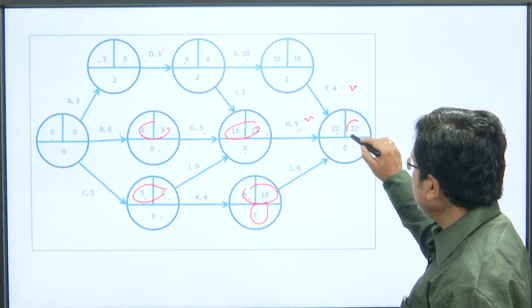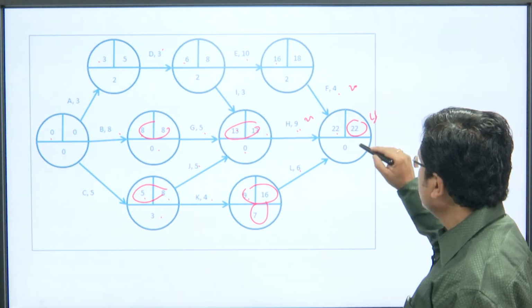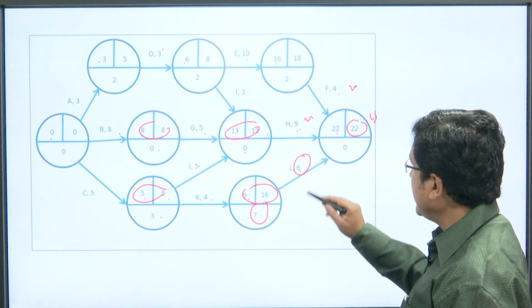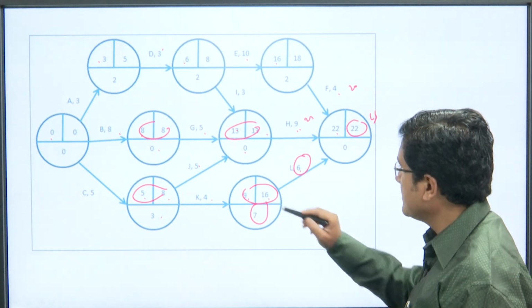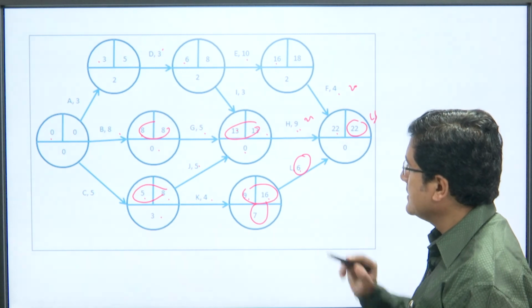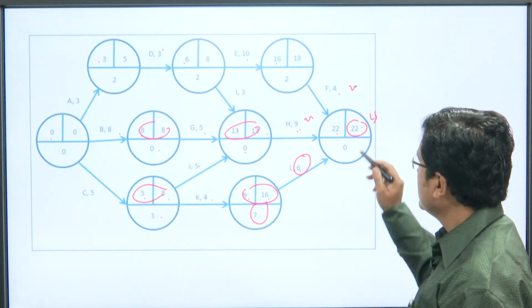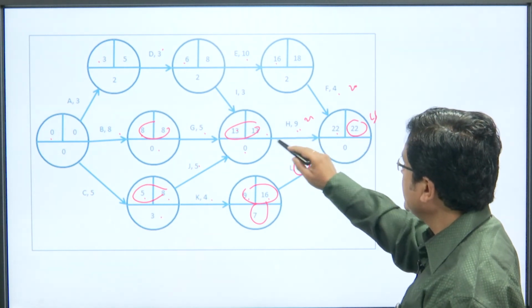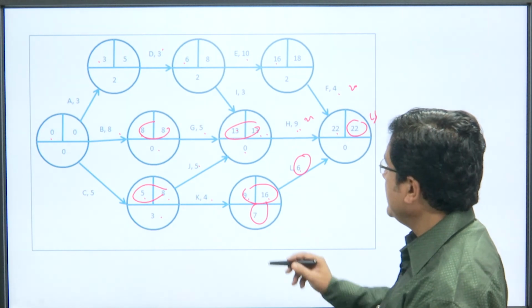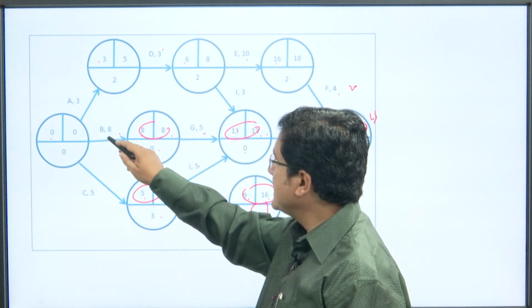Then in the backward process, from the last we subtract the duration: 22 minus 16 is 16, 22 minus 9 is 13, 13 minus 5 is 8, and 8 minus 8 is 0.